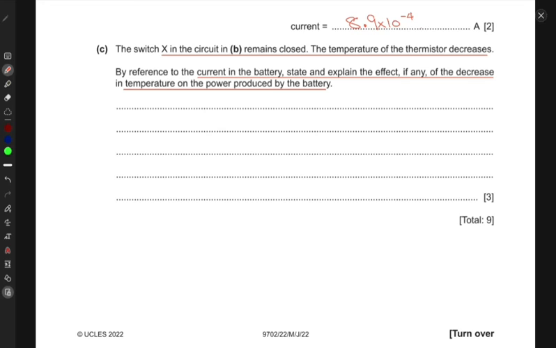So we know a relationship between resistance and temperature. When we have a lower temperature, that's when we have a higher resistance, right? In this case, the temperature of the thermistor is decreasing, so the resistance will increase, which would mean that the current in the circuit has to decrease, right?